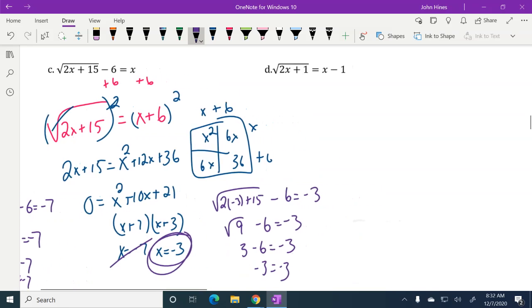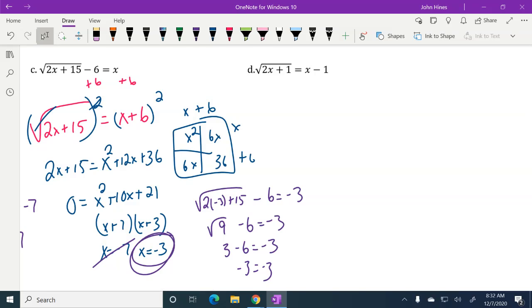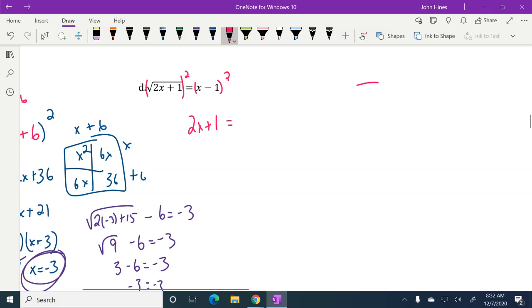Letter D. The square root of 2x plus 1 equals x minus 1. So the square root's already by itself, so I'm just going to square both sides. 2x plus 1 equals, well, I've got to make a box for this one. A pathetic box like I just made here. 1x, 1x, positive 1.